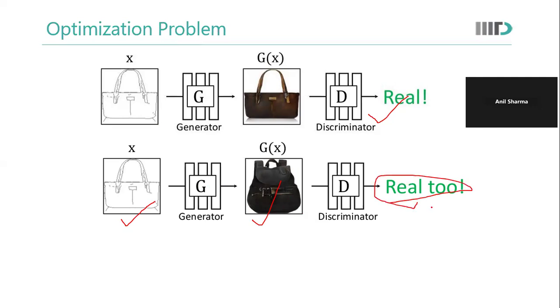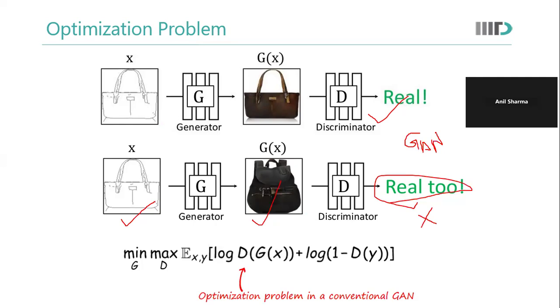But here we don't want this. Here we don't want that. So this is a GAN model, but we don't want this particular thing to happen here. In the standard GAN, the min-max optimization is actually used, and this is the notation for it.